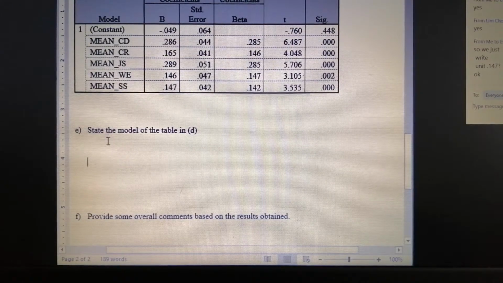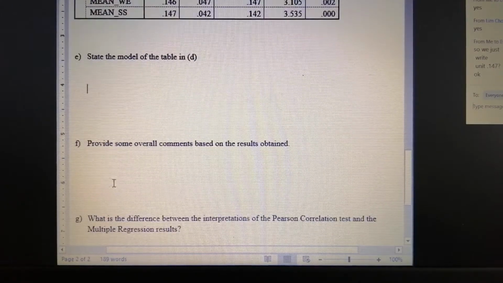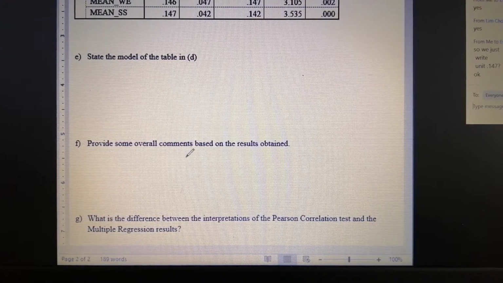Okay, guys, look at question F. They wanted to provide some overall comments based on the result obtained. So what overall comments can you give based on the result in the tables?